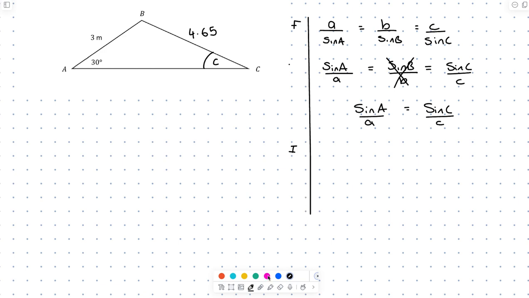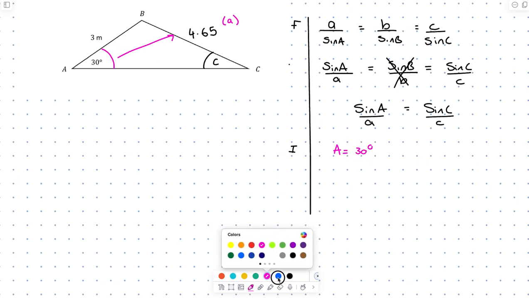There's our formula. Next thing we need to do is write down our information. Now what you need to know is about the labeling of these. The angle A is always across from the side you're going to call A. So we're going to write in, first for the information, capital A is the angle, and the angle is 30 degrees. The side A, which is across from it, is lowercase a.